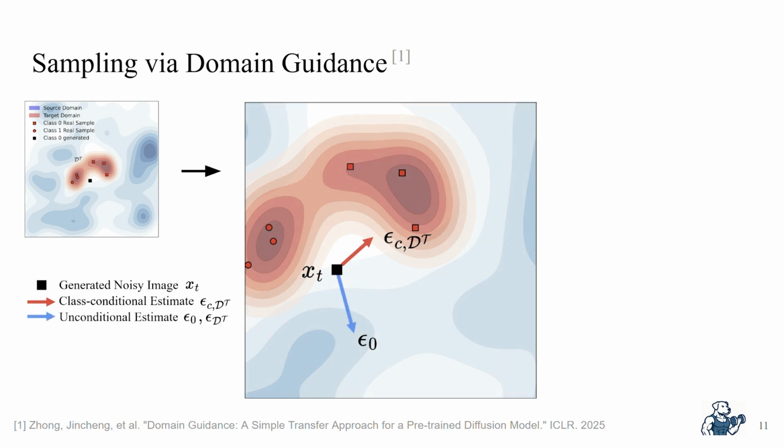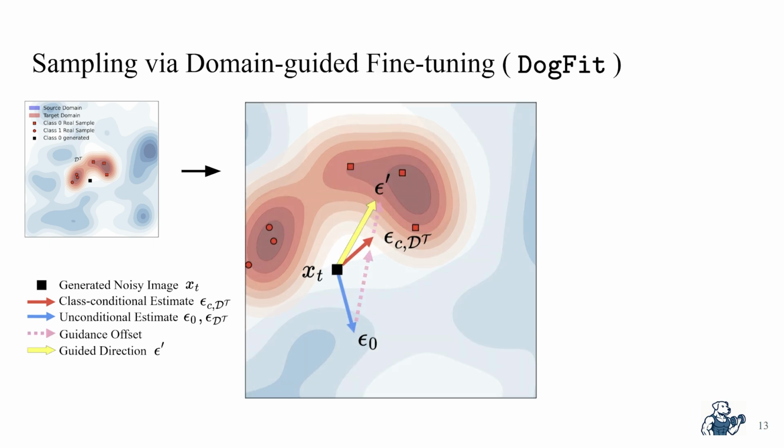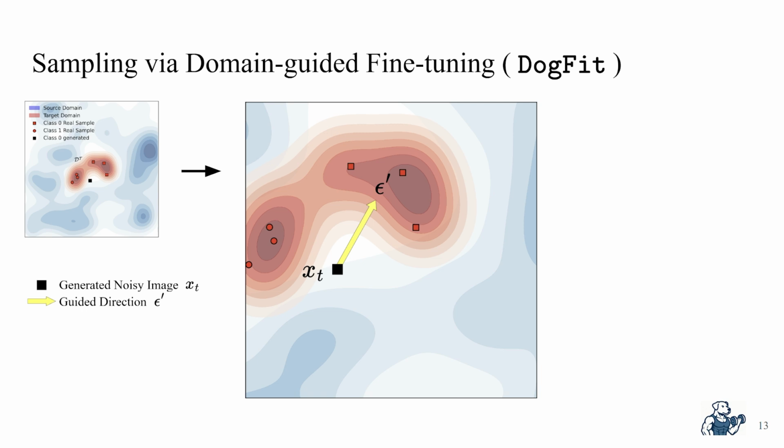One way for better target alignment is to use the source model as the unconditional estimate, leading to the domain guidance method. So the question is now, can we learn a target-aligned direction like in domain guidance with only 1 pass sampling and no guidance offset prediction, while being able to control the fidelity diversity trade-off at test time?